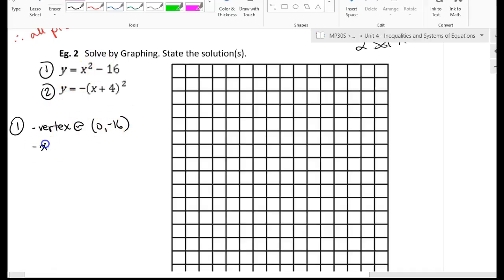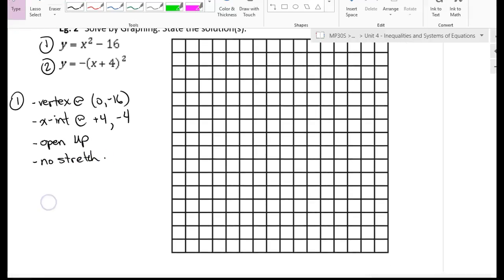My x-intercepts, this is a factorable equation since it technically also is in general form, and that is a difference of squares. So my x-intercepts are going to be at positive 4 and negative 4, and it's opening up. There's no stretch. So that's going to help me draw graph 1.